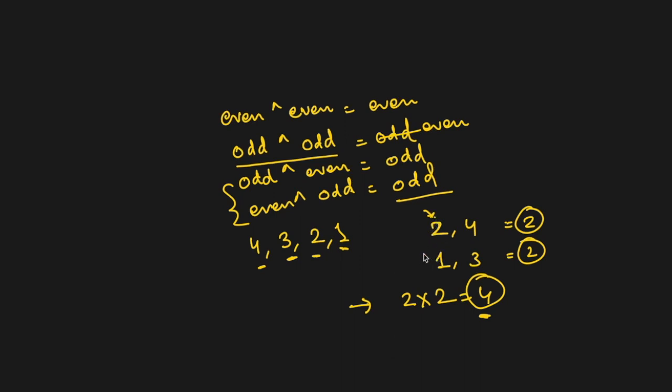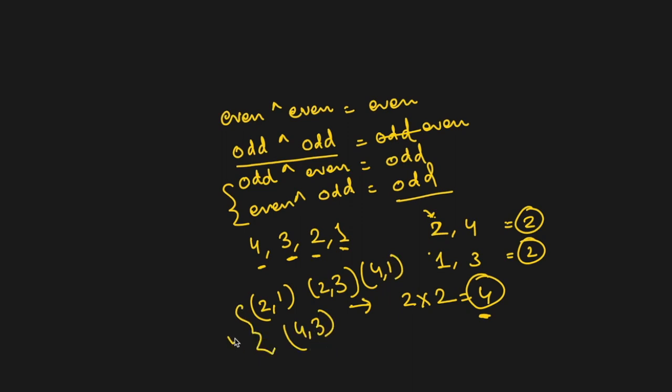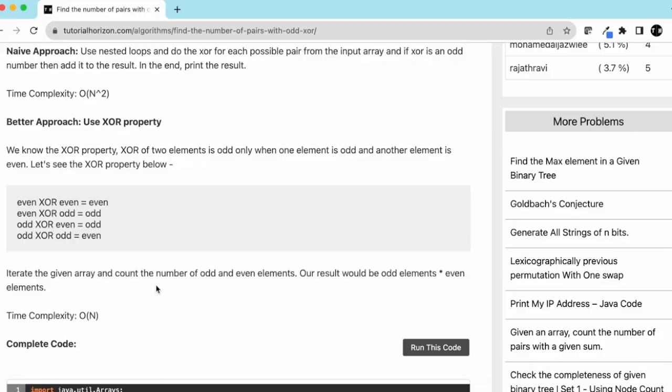So this 2 is going to be paired with 1 and 3, so this is 2 comma 1 and 2 comma 3, and then 4 comma 1 and 4 comma 3. So these are the 4 pairs. So 2 into 2. That is why, once we have the number of odd elements and even elements, our output is going to be odd elements into even elements.